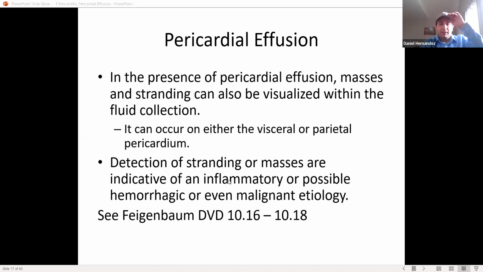The detection of stranding or masses is indicative of inflammatory or possible hemorrhagic or even malignant etiologies. Just remember, if that fluid's not simple, appears complex, if there's stranding or any sort of hyperechoic echoes within it, it's more likely hemorrhagic or malignant in nature.